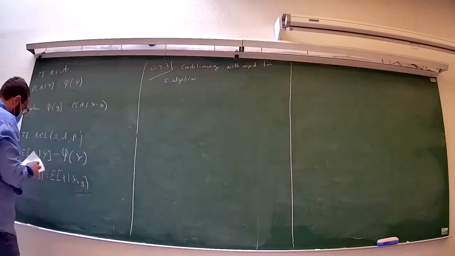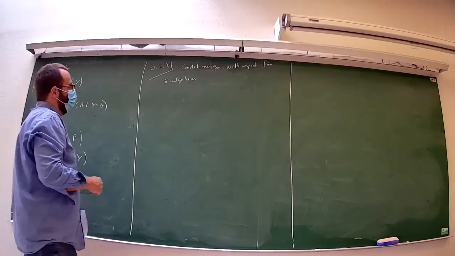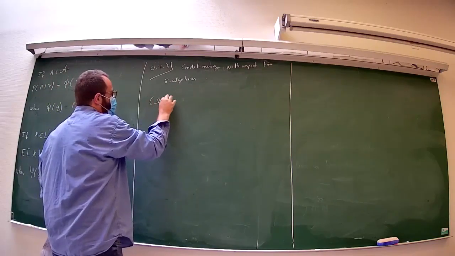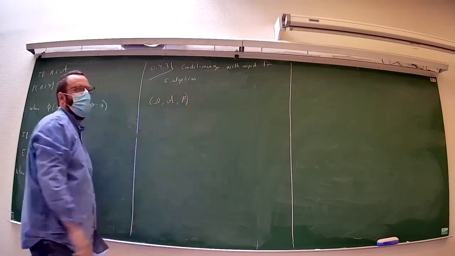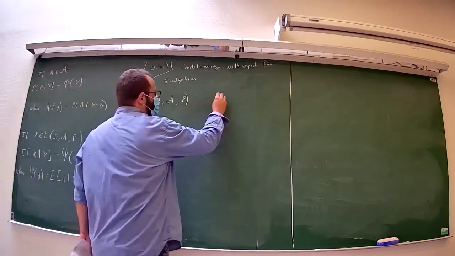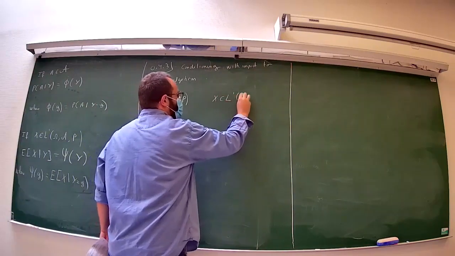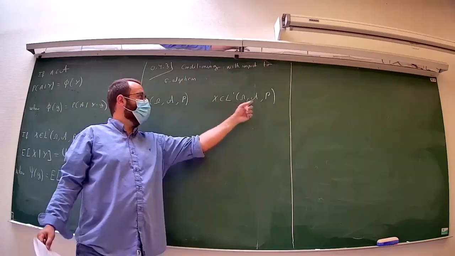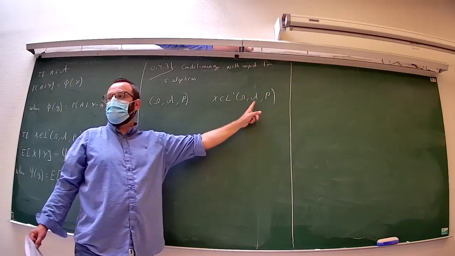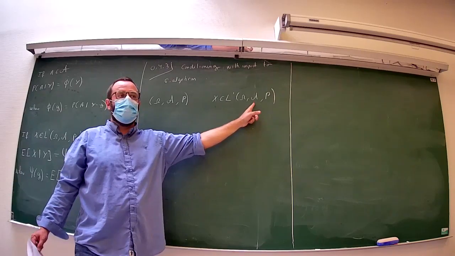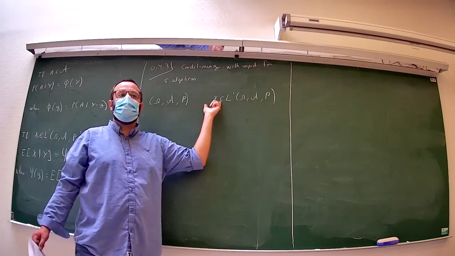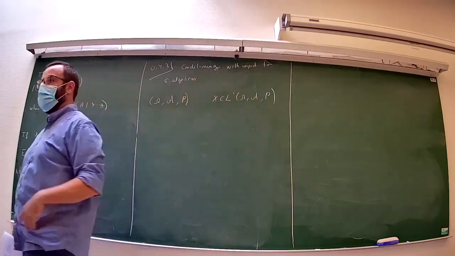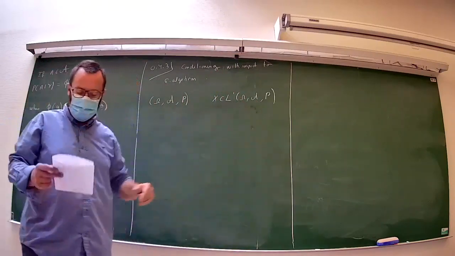So I consider the following situation. Once again, I have my probability space (Omega, A, P). Okay, and I consider a random variable X that is in L1. In particular, this notation means that X is measurable with respect to the sigma algebra calligraphic A, meaning that any preimage of a Borelian by capital X belongs to calligraphic A. It's the meaning of being a random variable with respect to this probability space.